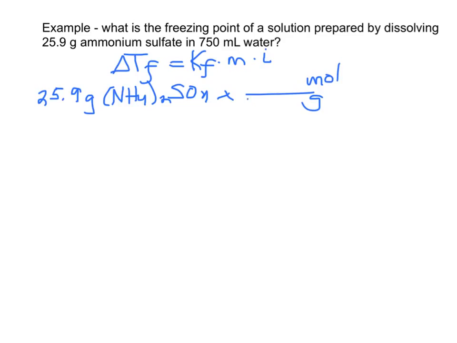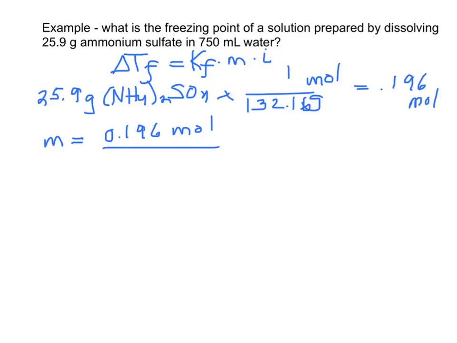Because I'm nice, I'll tell you it weighs 132.16. So that's going to give you 0.196 moles of ammonium sulfate. Then the molality is the moles divided by kilograms of solvent. Well, we've got 750 milliliters, so that's 750 grams, or 0.75 kilograms.